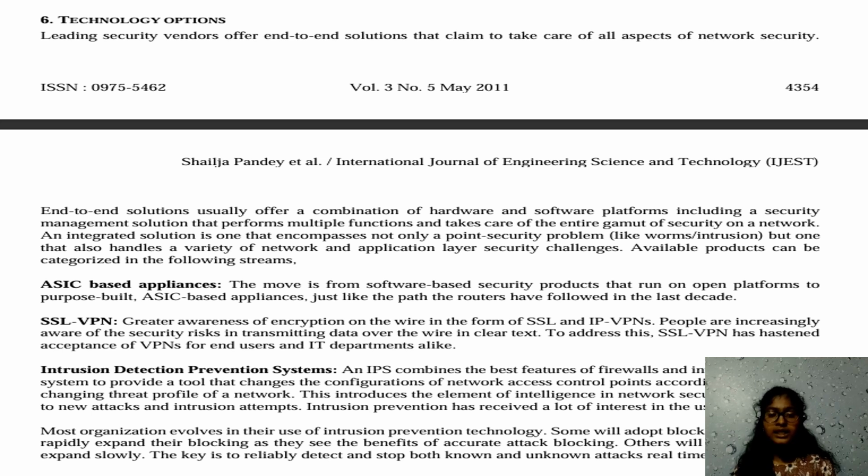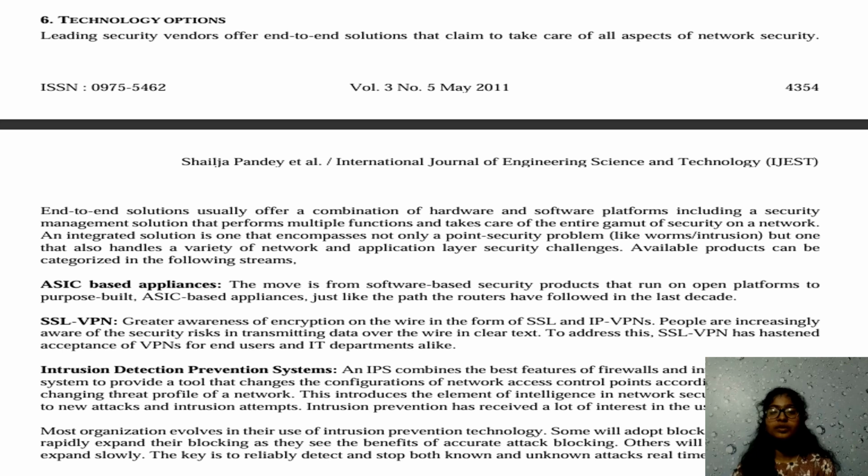Coming to the ASIC based appliances, ASIC based appliances mean security is shifting from software based tools to specialized hardware appliances, similar to how routers evolved for faster and more reliable protection.